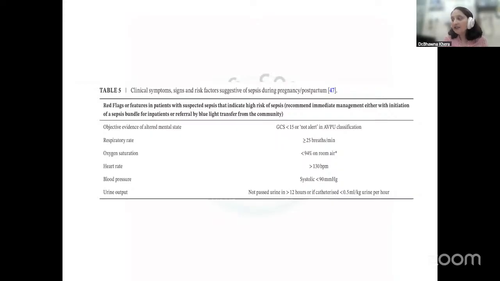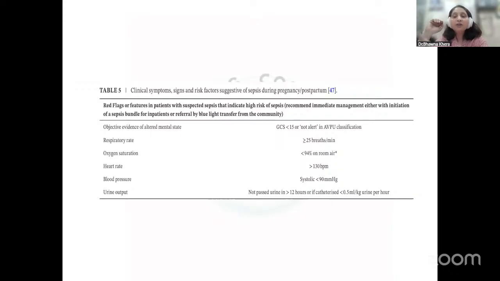Red flag means they are high risk for sepsis and they require immediate management, or they immediately require the sepsis bundle to be initiated for inpatients, and referral by blue light transfer from the community. So if the patient is in the community and she has these red flag features, immediate blue light transfer, urgent transfer, needs to be done for these patients.